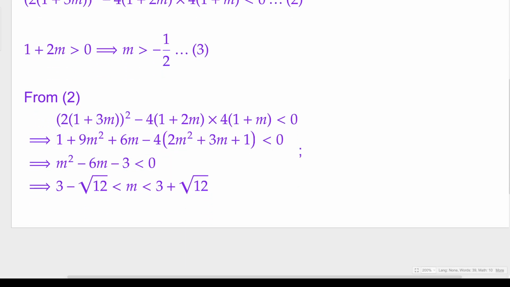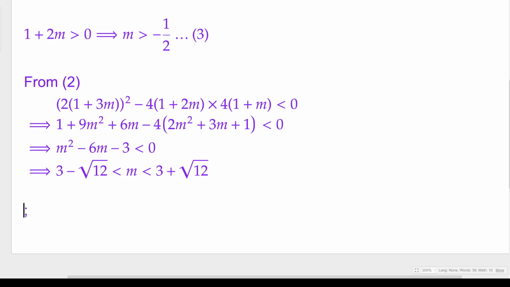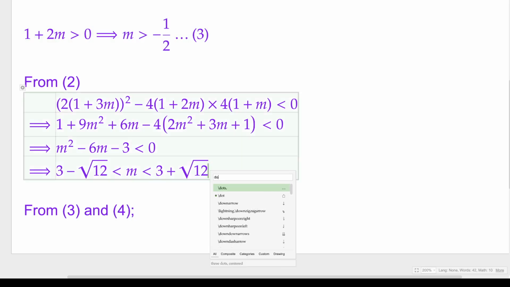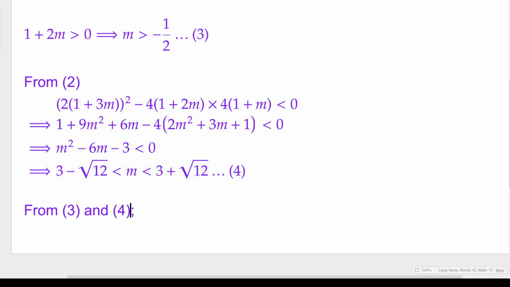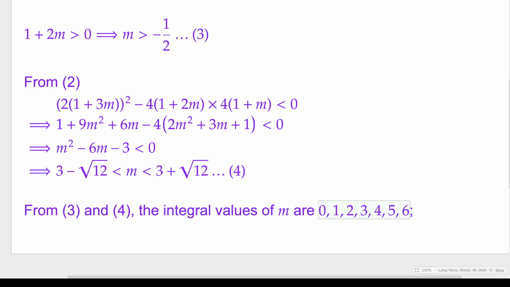The integral values for m, from equation 3, it is saying that m has to be strictly greater than −1/2. So from equation 3 and this one, which I am calling 4, we can say the integral values of m are 0, which is acceptable, 1, 2, 3, 4, 5 and up to 6.